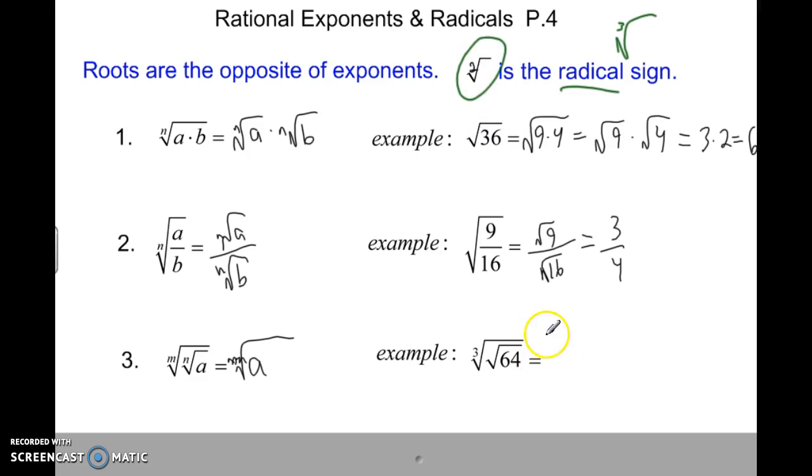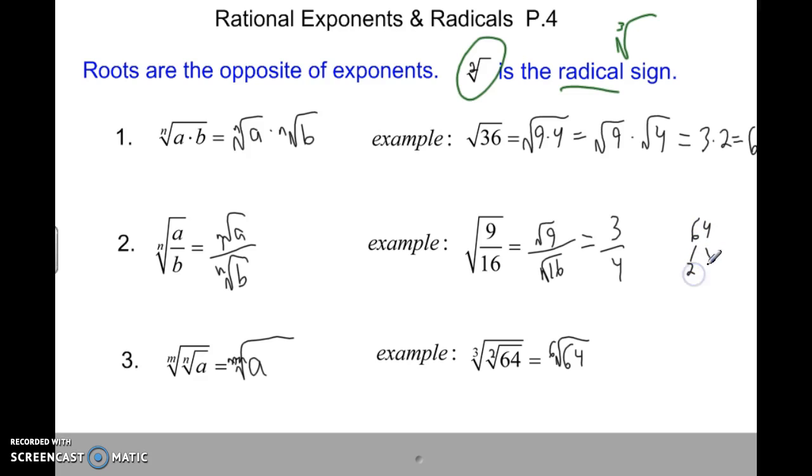So in other words, there's a little 2 right there whenever you see square root. So using this property, this would be the 6th root of 64. Now you may say, I don't know what the 6th root of 64 is. That's okay. So off to the side, I'm going to do a factor tree of 64.